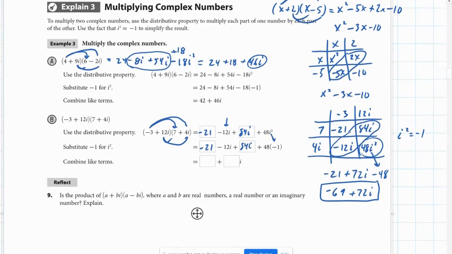So then putting the real parts together, we get minus 69 and then plus 72i.